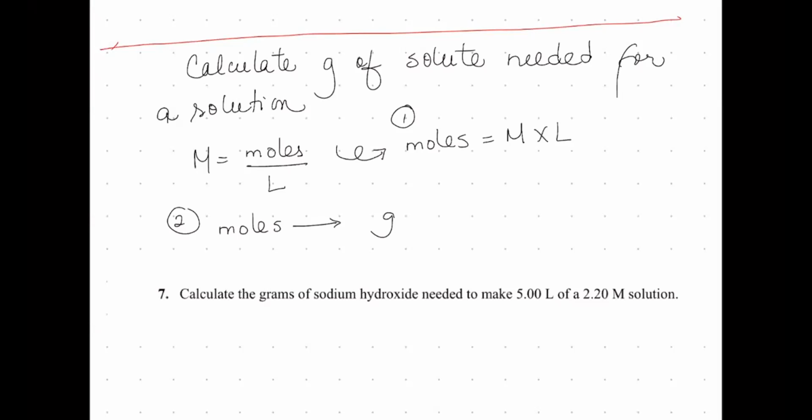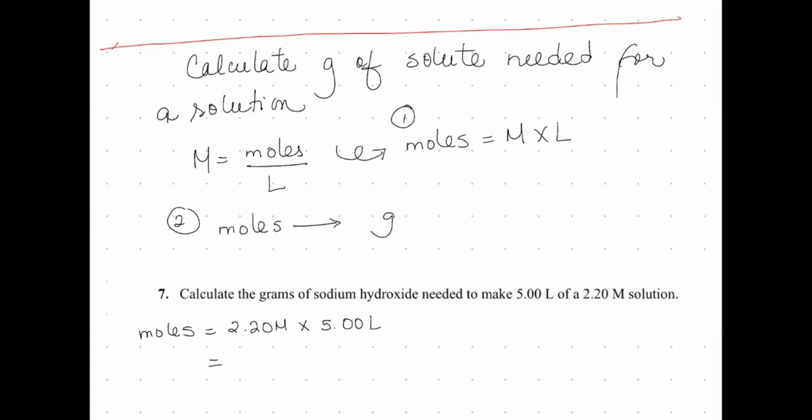So as I said, two things that we need to do. The first thing in terms of the work is that the amount of moles I need of my solute is where I take the molarity, 2.20 molar, and I multiply it by the liters, which is 5.00 liters.